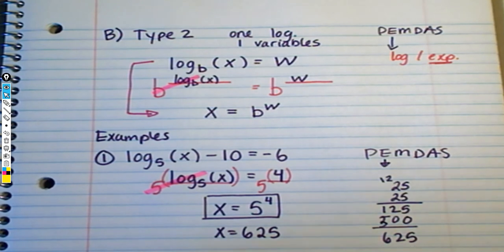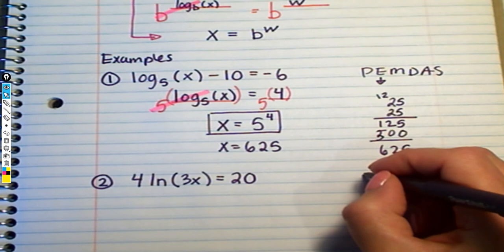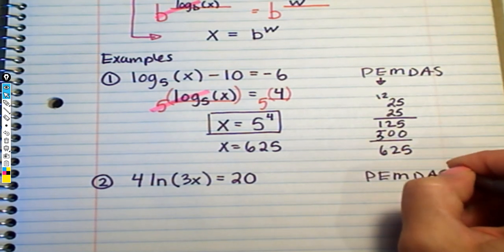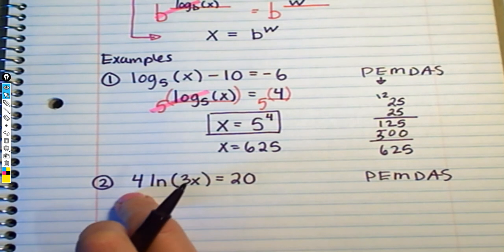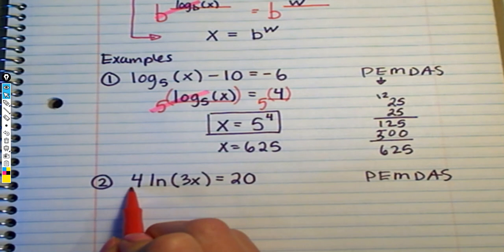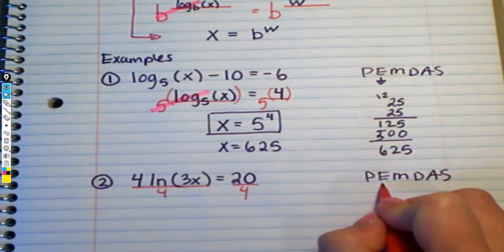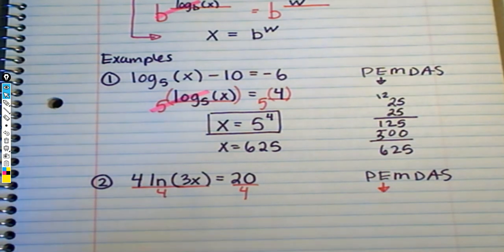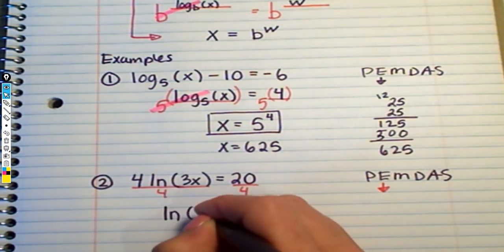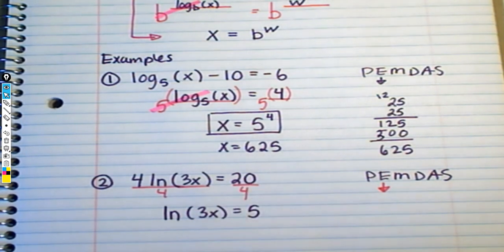I still have to think about my PEMDAS, and in this example I have to divide by this 4 first. You don't want to exponentiate too early. You have to wait until you get to that part. So we have natural log of 3x equals 5.